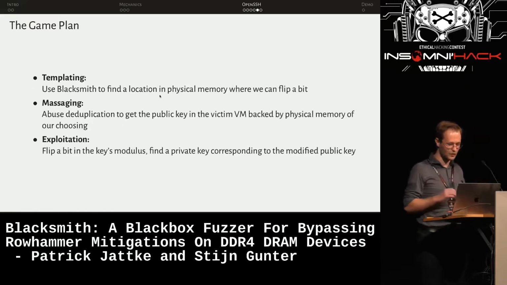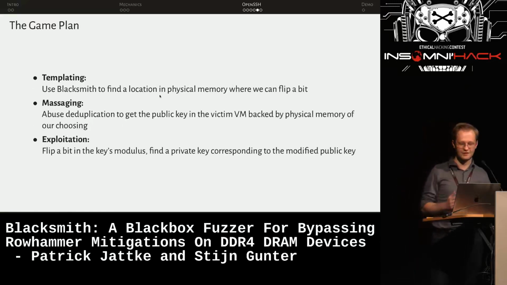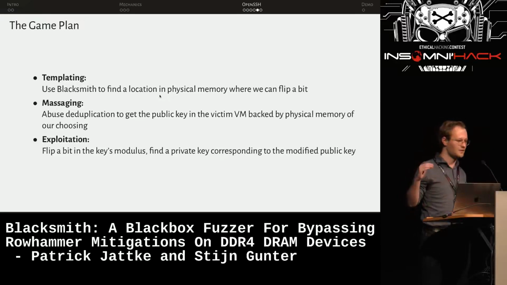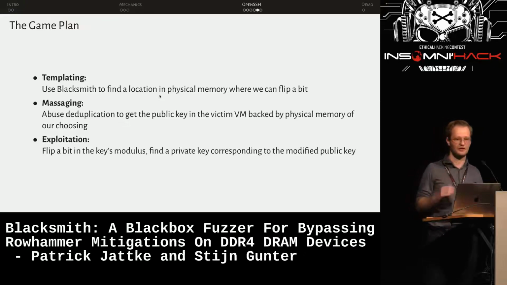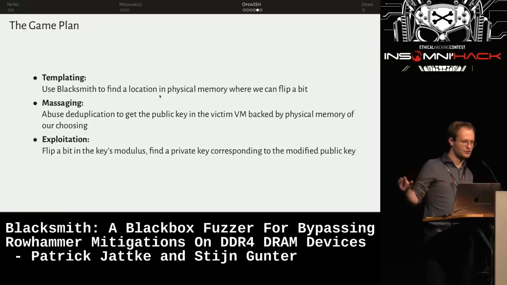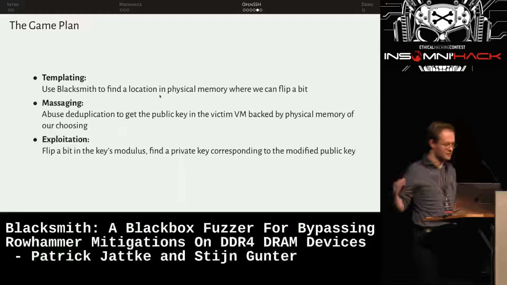Okay, so what's our game plan? What's our exploitation plan? Basically, first, we have a stage of templating. In templating, what we're doing is we're using Blacksmith to find locations in physical memory where we can reliably flip a bit, right? And then we use our memory deduplication technique, our massaging, to get the victim public key into the physical memory location where we can flip a bit.